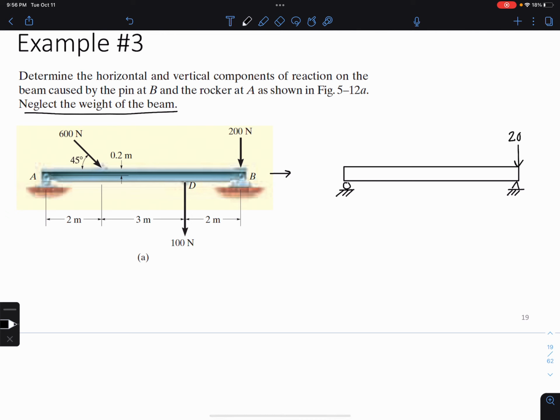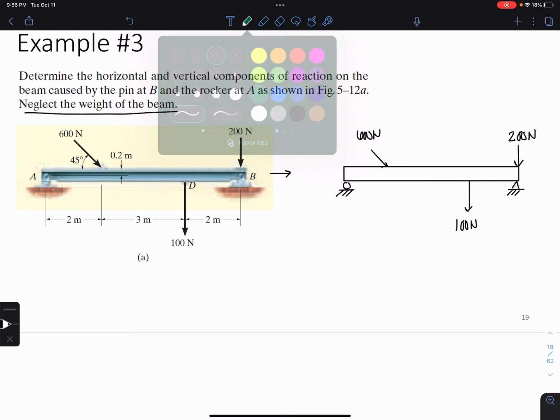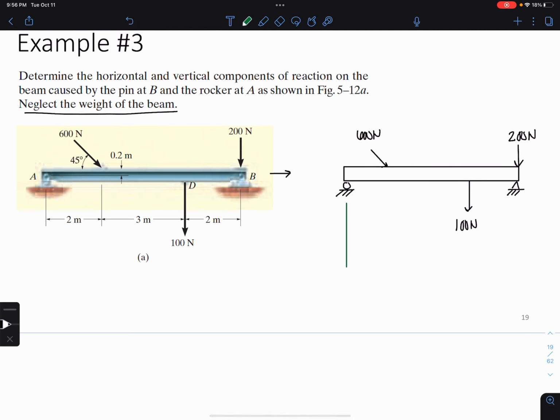I have 200 newtons here, 100 newtons here, 600 newtons here, okay.